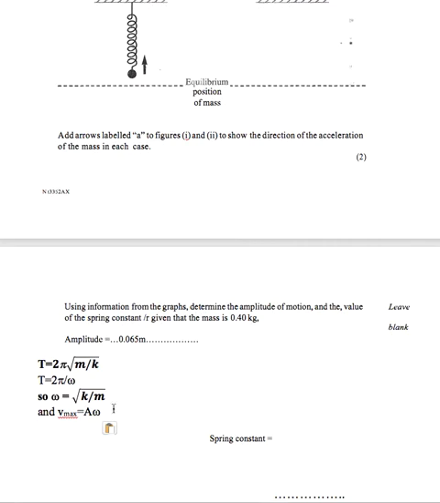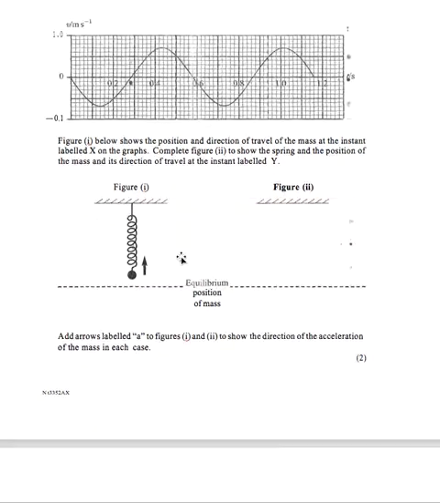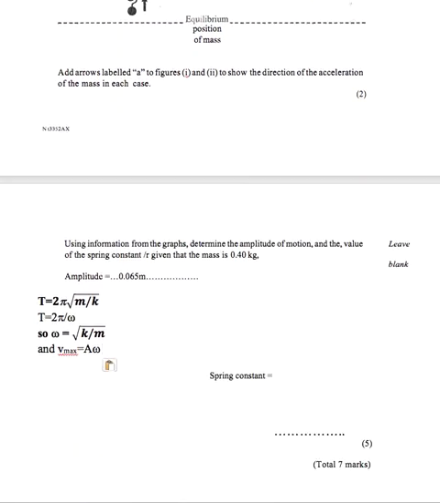So if we simply read off V max from the graph, and that's a nice easy thing to read off, 0.5, 0.6, 0.7 meters per second. So then we can say 0.7 is 0.065 times root k over 0.4, which gives us k.